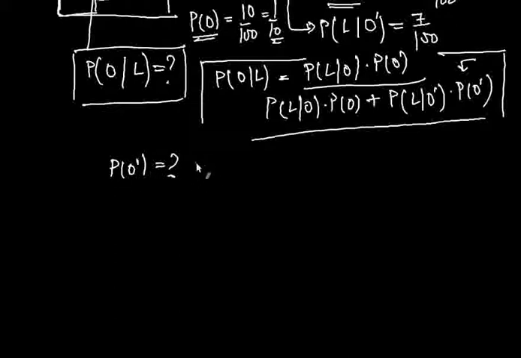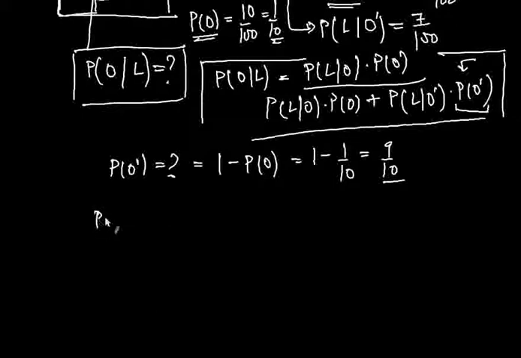So this would simply be 1 minus probability of O, right? So either you have blood group O or you don't. And this turns out to be 1 minus probability of O, which was 10%, 1 by 10. And so this turns out to be 9 by 10, right? So we got this last missing piece over here.